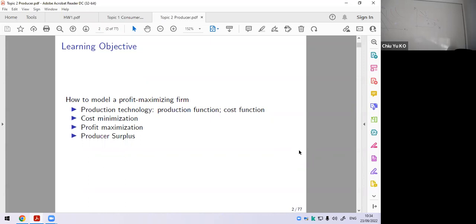Then we make some assumption about how the firm behaves, facing a competitive price environment and taking the price as exogenous, and then we have this profit maximization problem. Then we talk about consumer and producer surplus, but this time it will be much easier, because basically this is the profit. But later you will see.